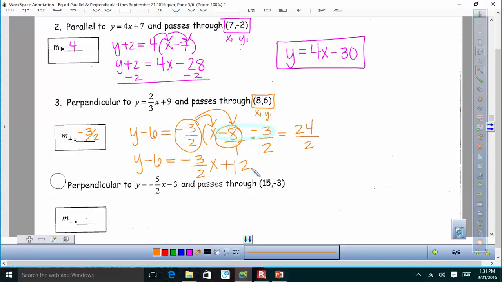Okay? So from there, I just need to get y by itself. So how would I get y by itself? Add 6 to both sides. So my final answer would be y equals -3/2x plus 18. Very good.